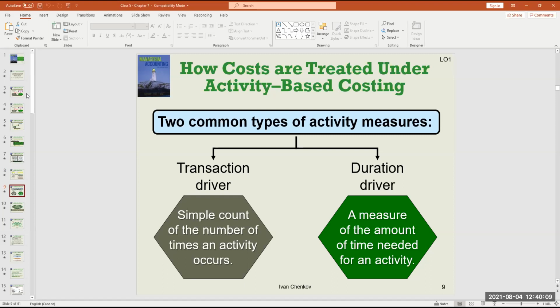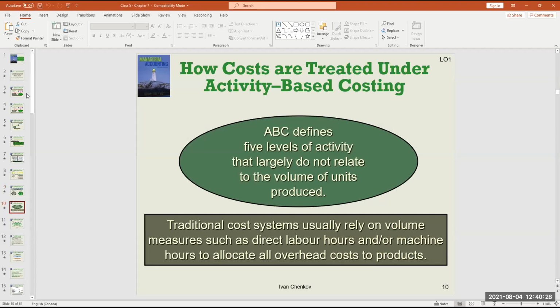So again, two common types of activity drivers that you have. Transaction driver, so how many times you're using this? Or duration driver, how many minutes, how many hours, or how many kilometers I'm using this? That's transaction versus duration. Activity-based costing defines 5 levels of activity that largely do not relate to the volume of the units produced.